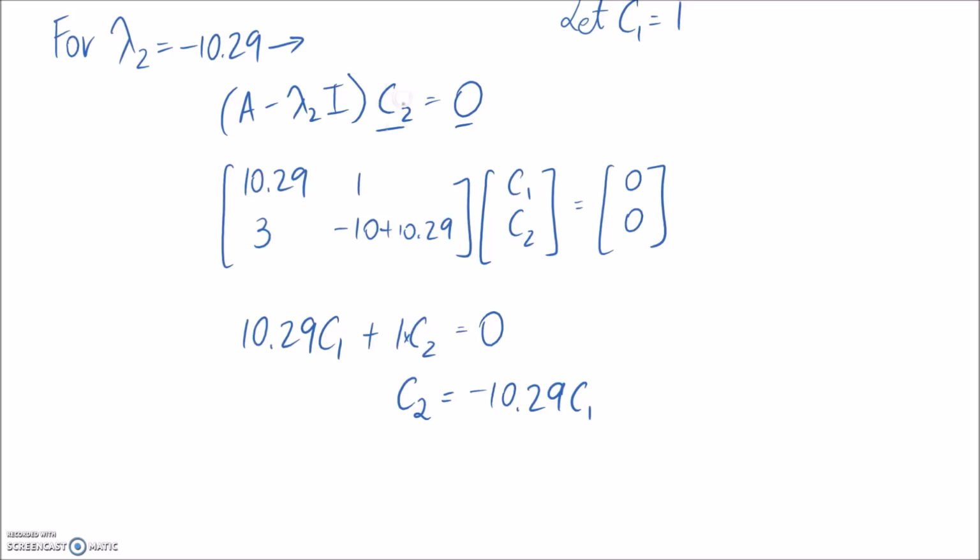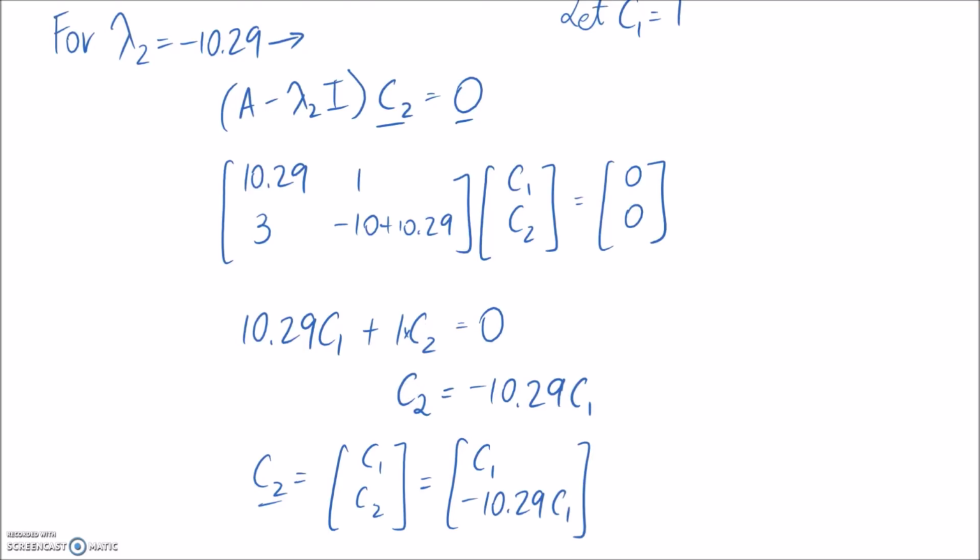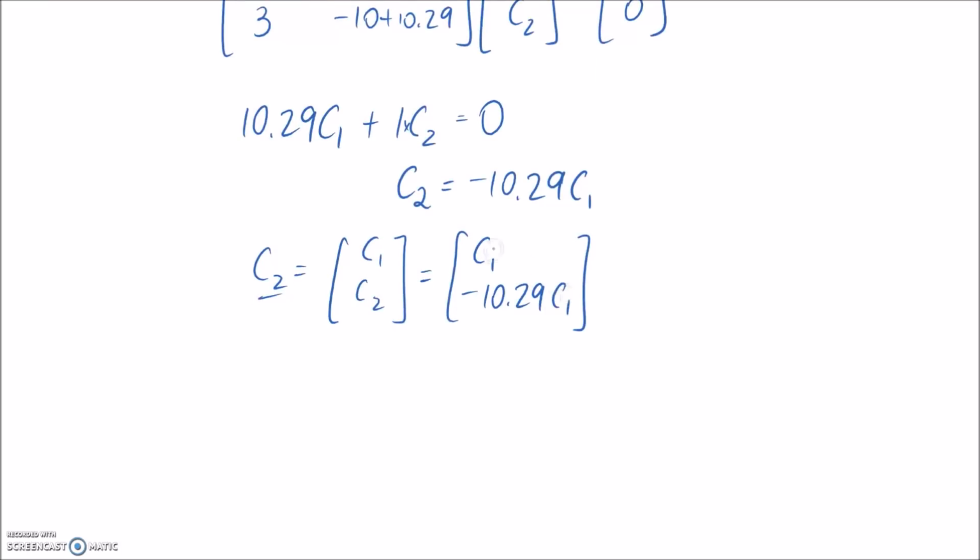So we want to write out our eigenvector, this one here, which we've said is constructed from these two elements, C1 and C2. C1 I'm leaving, but C2 I can rewrite in terms of C1. And then it's up to me to pick any value of C1 other than 0 to substitute in, and the easiest one to pick is going to be 1.